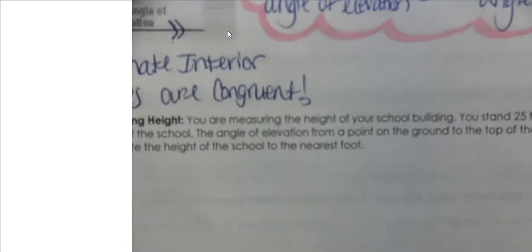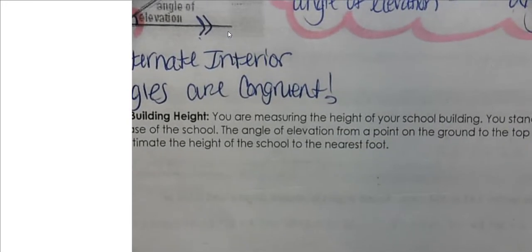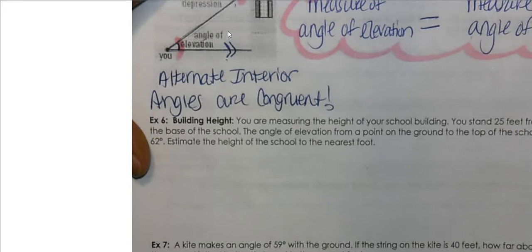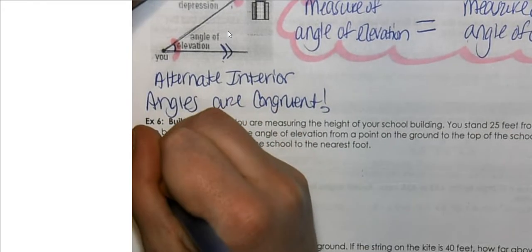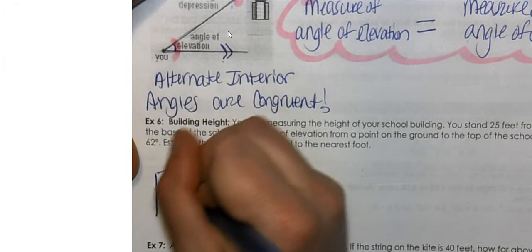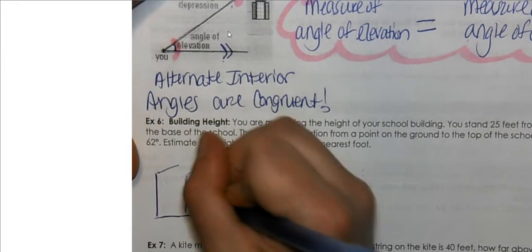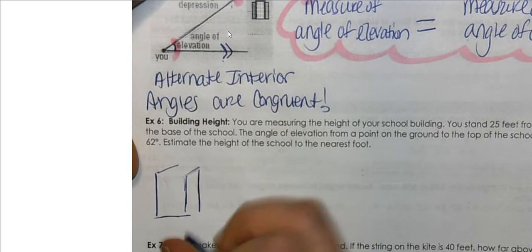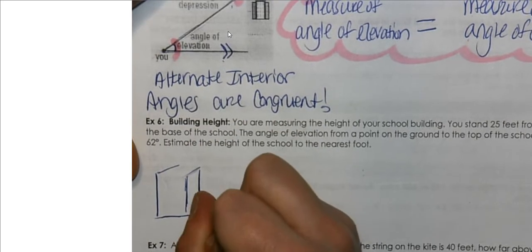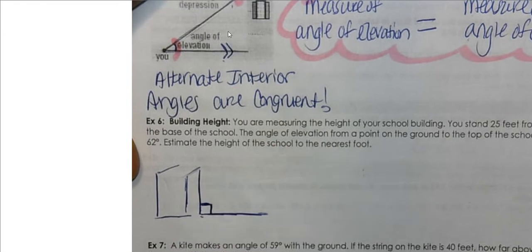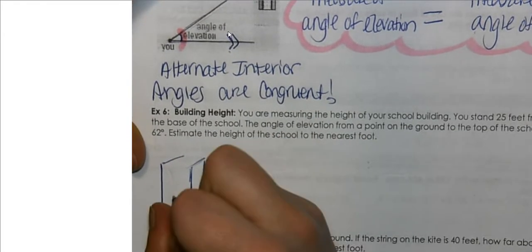All right, let's go ahead and look at example number 6. It says you are measuring the height of your school building. So I'm going to draw a quick shape of a building. We're going to pretend as if it's a building, and we are measuring the height of our building. Whenever you see the word height, that always means that we are dealing with a right angle. So this is a building.